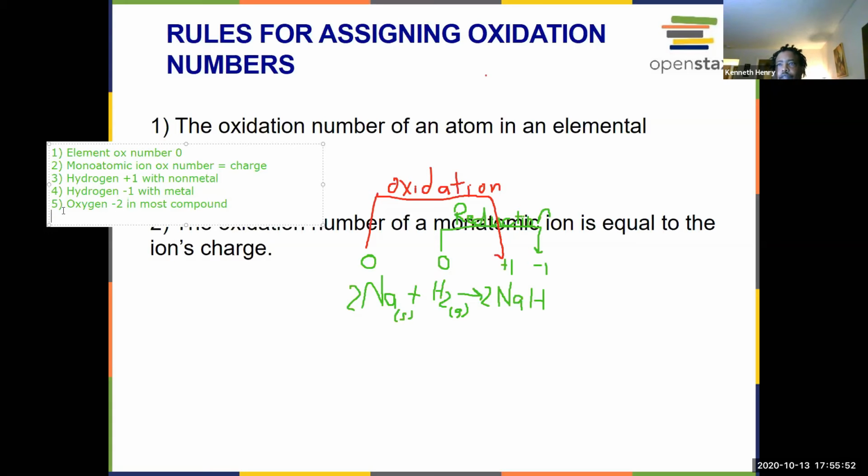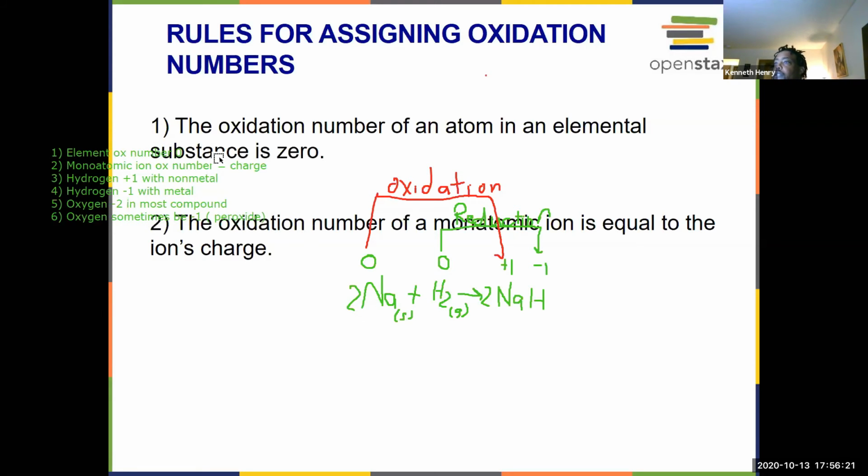Although, if you have a peroxide, oxygen can sometimes be -1, and that's for a peroxide, which we know is, write this.